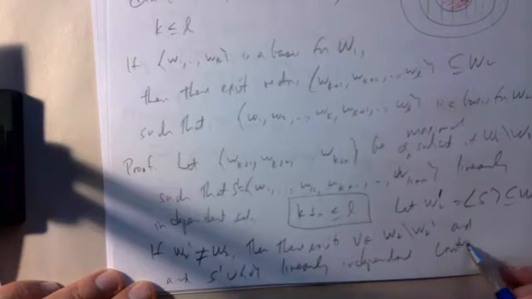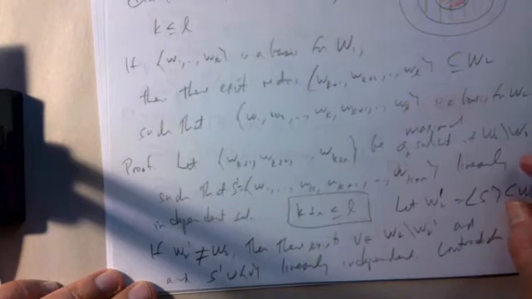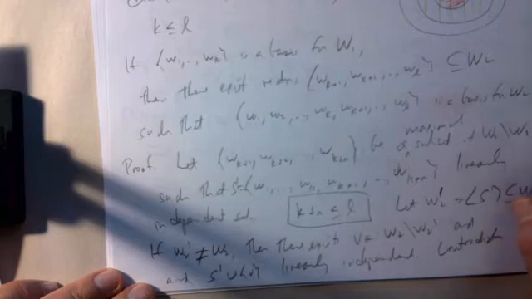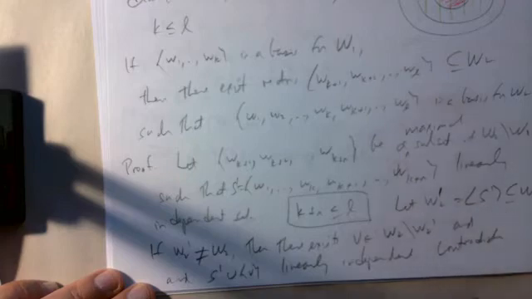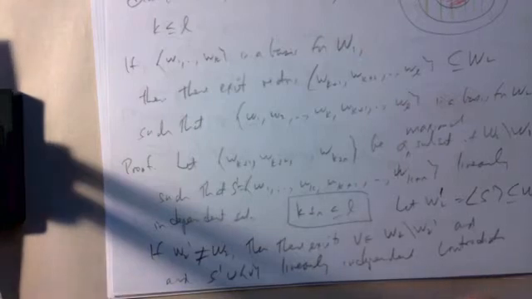So that's a contradiction, because this set would have one more element than S prime, but S prime was the largest set of vectors in W2 that was linearly independent. So there can't be any vector in W2 that's not in W2 prime. So W2 prime equals W2, and S prime is a basis for W2. So that's the proof of that theorem.